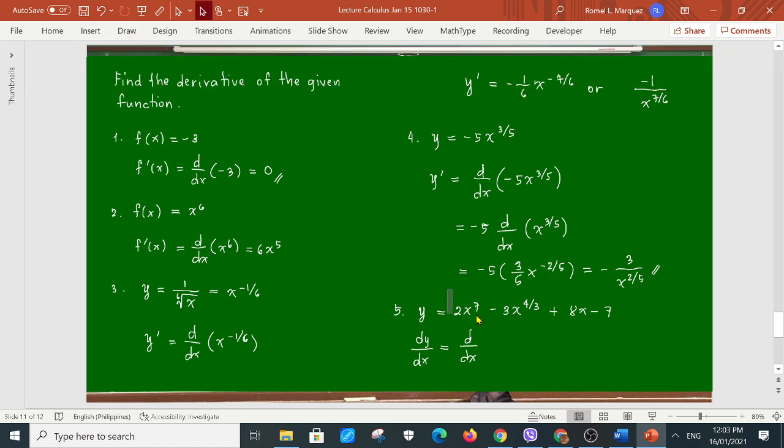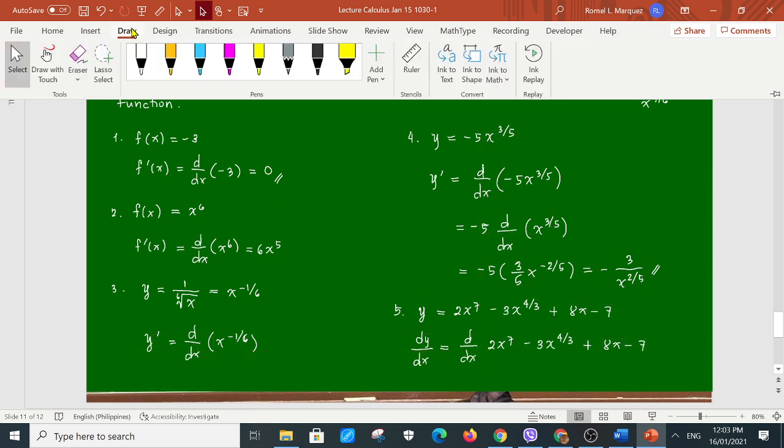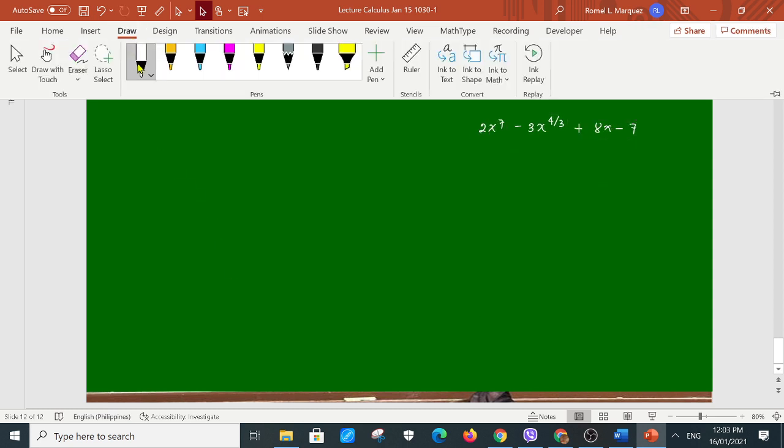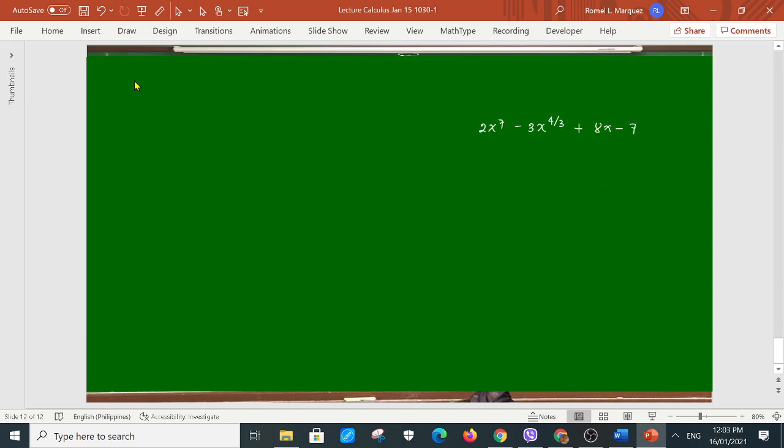So what is said about the derivative of a sum or difference, guys? You can differentiate term by term. Let's differentiate the first, the second term, the third, and the fourth. I'll put the function here as our guide, so you will know what we are differentiating. So, what is the derivative?